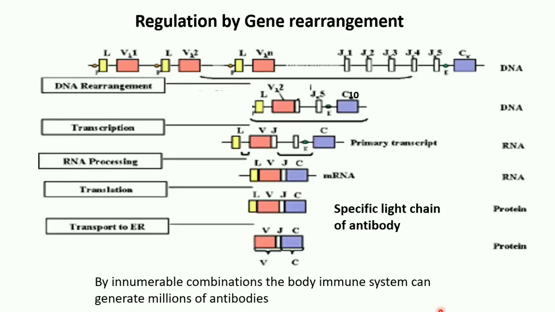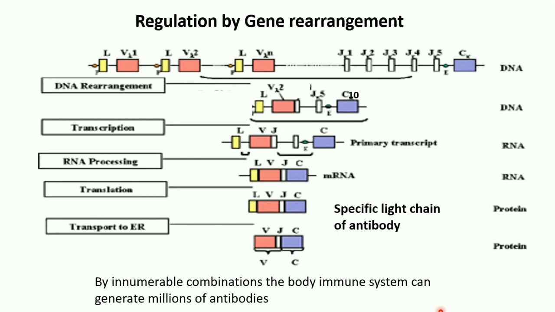Next is regulation by gene rearrangement. We'll see this by the example of antibody production. The body possesses an enormous capacity to synthesize a wide range of antibodies.